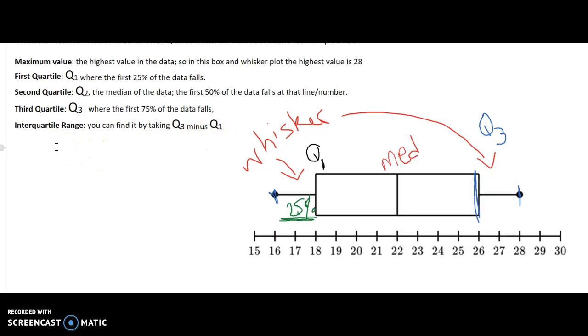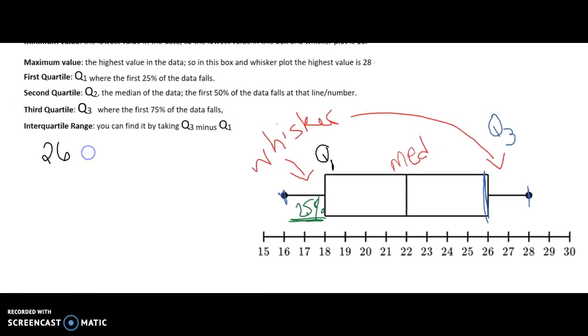So in this example, our Q3 is 26, and our Q1 is 18, so we would do 26 minus 18, and that would give us our interquartile range of 8. So the interquartile range for this is 8.